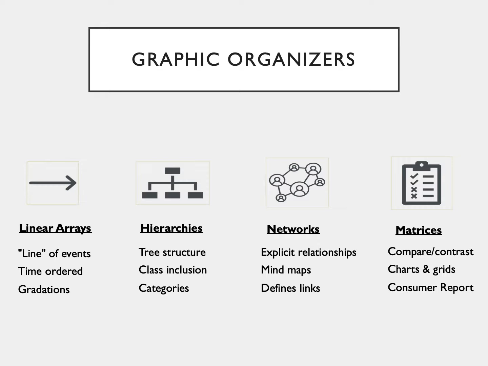They're used in Consumer Reports magazine, which you may have seen, that lists all of the different variables and where the various products fall in terms of those variables or dimensions. The commonalities and the distinctions emerge from the chart. For example, it might be comparing multiple types of cars by their gas mileage, their price, what their resale value may be, and what kinds of added features they have available.